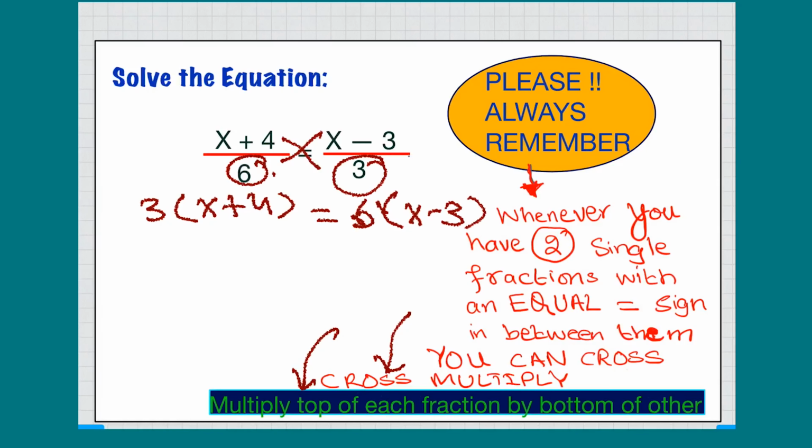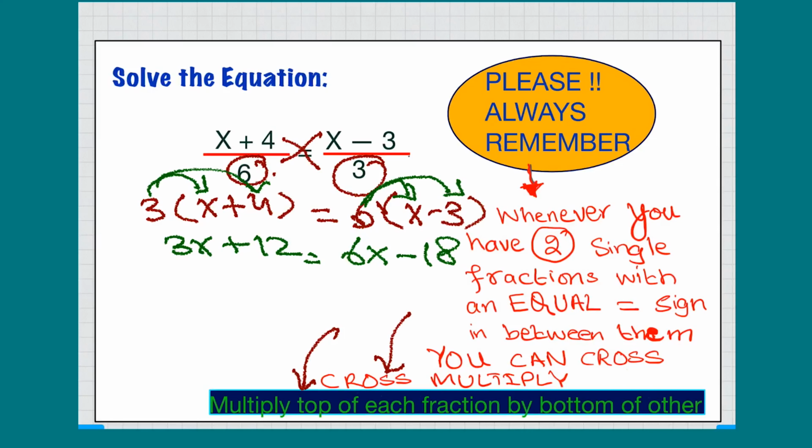The next step we do is we just simplify it. 3 times x is 3x plus 12 equals 6 times x is 6x, and then 6 times minus 3 is minus 18. After that, next step what we do is basically we're going to bring the x terms to one side, which is 6x and 3x in this case. So let's take 3x to the other side, where you have 6x.